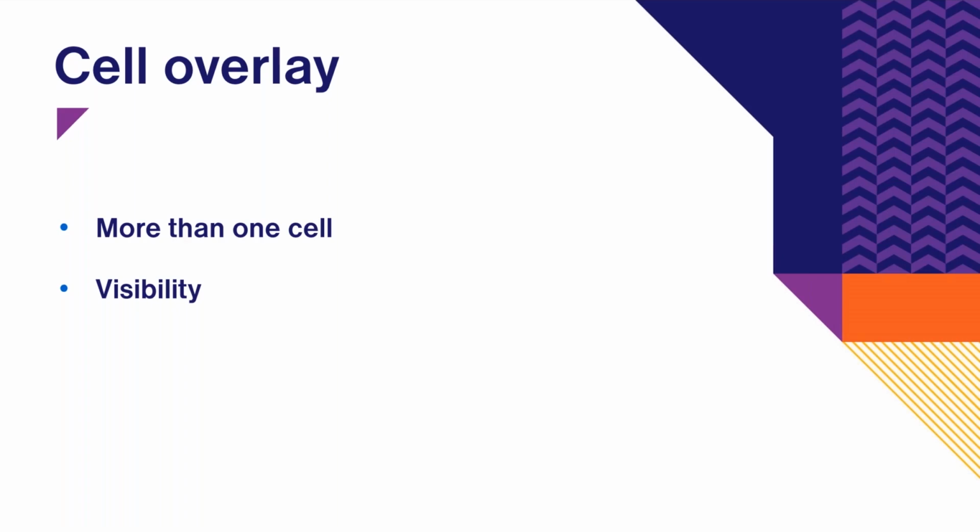So one will be visible when the other is empty, etc. Or you can use a variable to define when one of the cells will be visible over another.